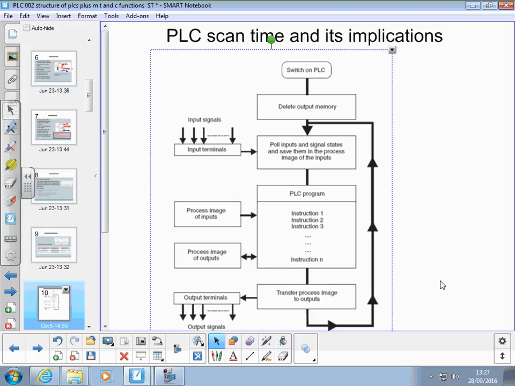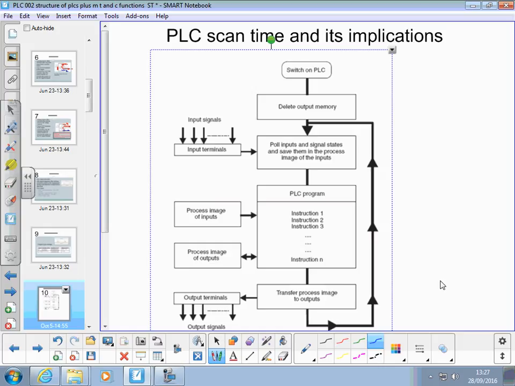What happens is, when you turn your PLC on, the first thing it does is a few housekeeping tasks, including deleting the output memory, the status of the output in memory. So it clears that. And I did say that the memory stores a copy of the output status and a copy of the input status.